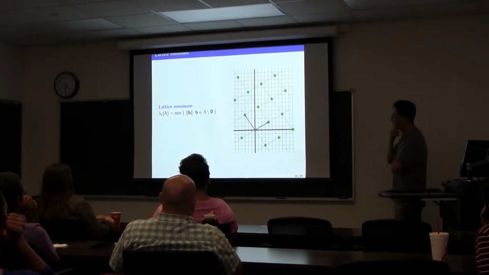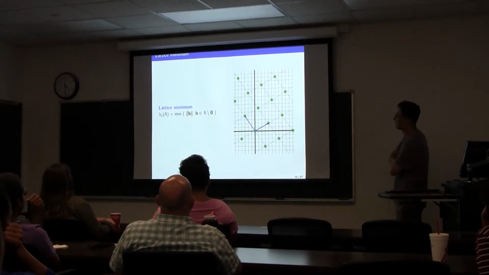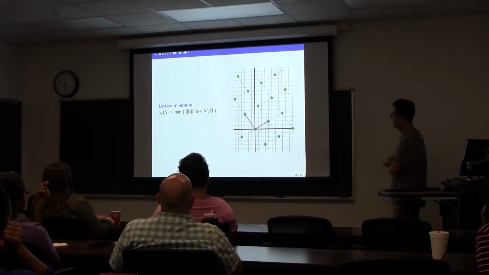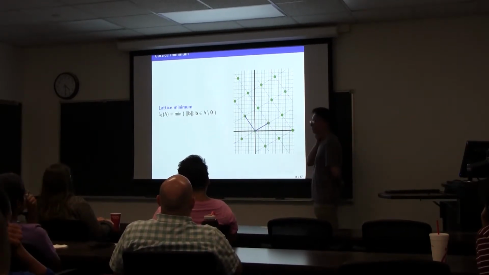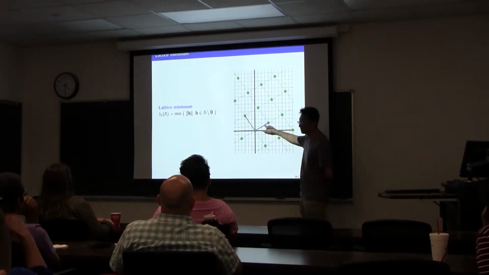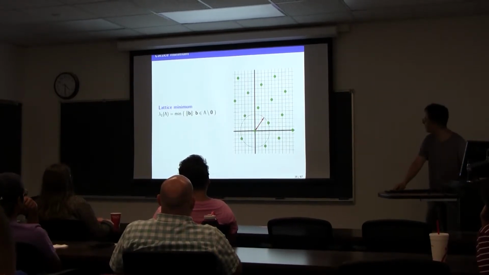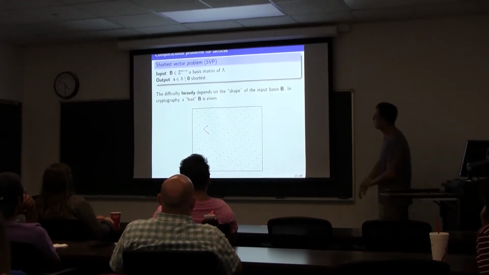And the important invariant of the lattice is the so-called lattice minimum. It denotes the length of the smallest non-zero vector in the lattice. So maybe on this graph it's this one. That's the length of this one.